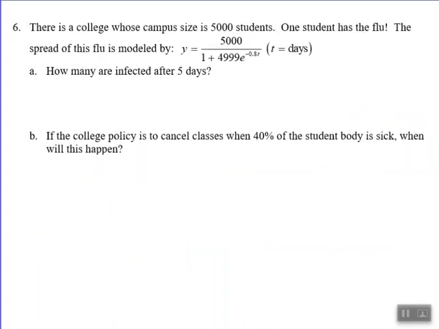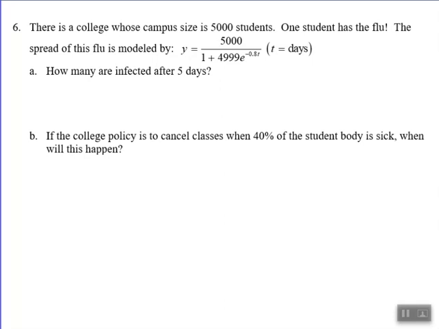In this last problem, we're going to take a look at a different type of equation. Problem number 6 says, there is a college whose campus size is 5,000 students. One student has the flu. The spread of this flu is modeled by this equation, where t is given in days. How many students are infected after 5 days?